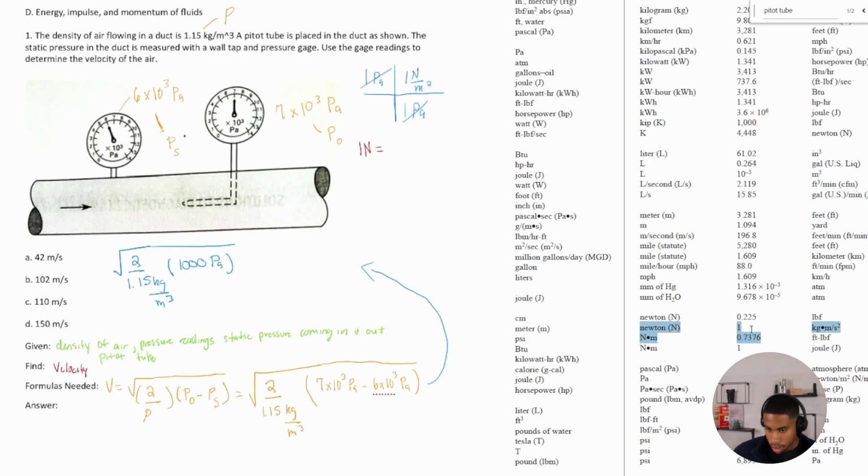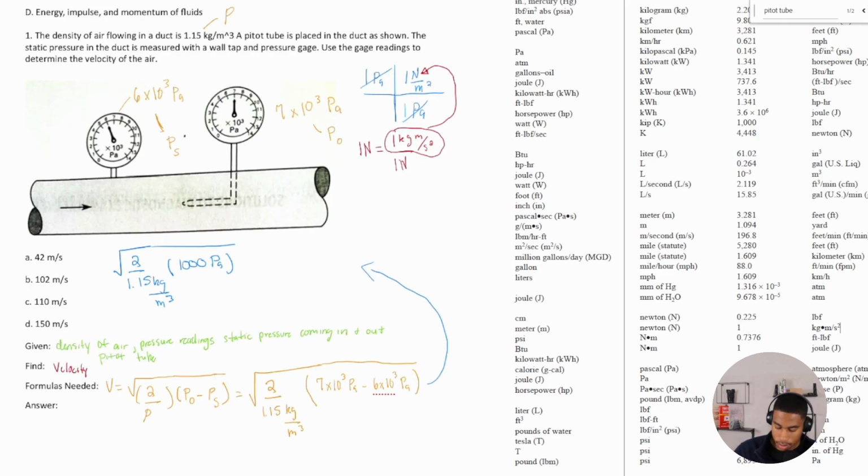So 1 Newton is equal to 1 kilogram times meters over second squared. One kg m over second squared. Okay, so now let's take this and substitute it into our newtons. All right.